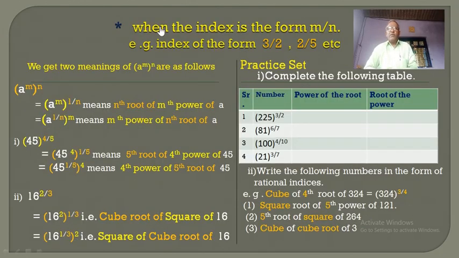New point is, when the index is of the form m upon n, that is, an index of the form 3 upon 2, 2 upon 5, etc. We get two meanings of a raised to m upon n as follows. (a raised to m) raised to 1 upon n means nth root of mth power of a.